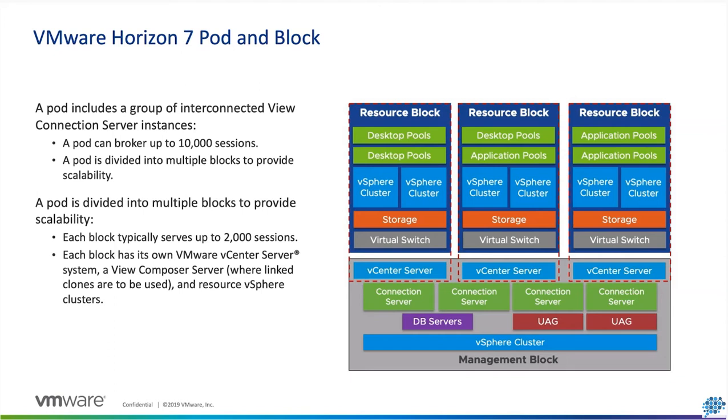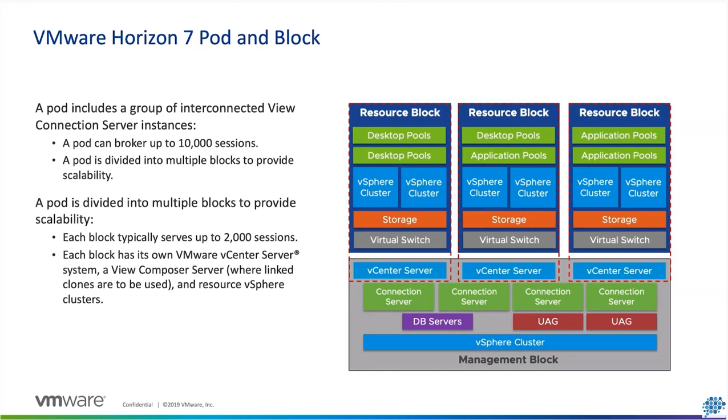Every resource block contains infrastructure components that can scale up to 2,000 connections. So if we have only 1,000 users, we can live with one management block and one resource block. If we need more than 2,000 connections, we just scale up and repeat the configuration settings of the first block to the second block. And that's how we can scale up within the Horizon environment to up to 5 resource blocks, which ends up to 10,000 connections.